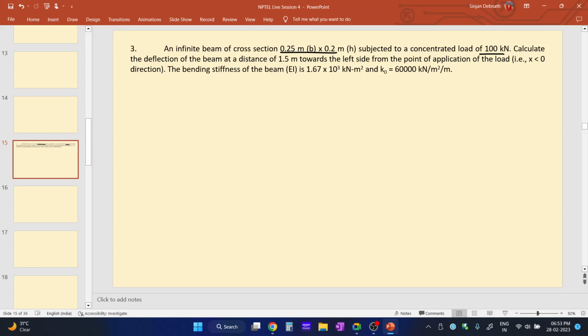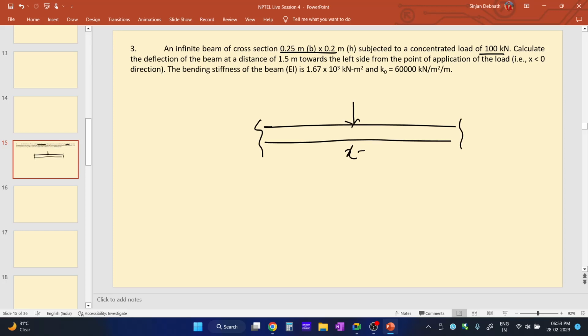If the load is acting at the reference point x equal to 0, we need to find out the deflection at this point, 1.5 meter towards the left side. The bending stiffness and the subgrade modulus are also the same.